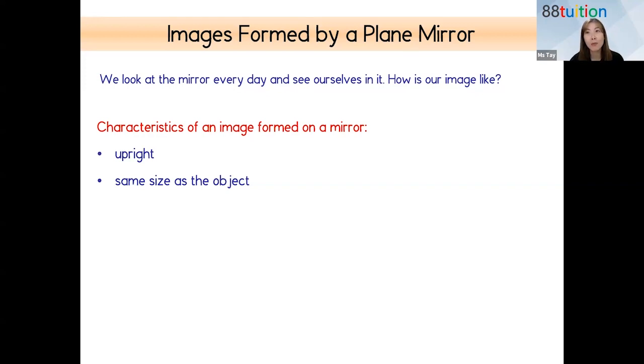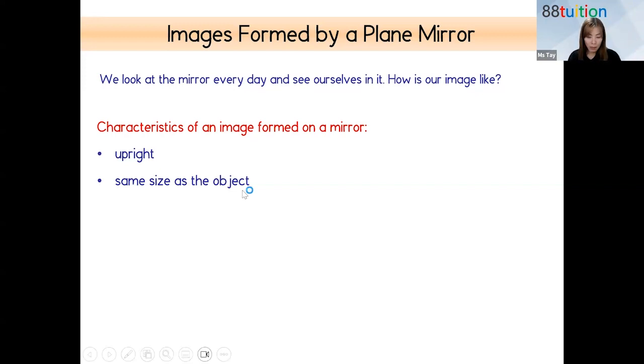Sometimes it's easier to talk about the opposite. If I look at my image and I don't see upright, that means I am upside down. Correct? Inverted. So if this is an upright image, the head is still where the head level is. The image and the object is the same. My image head will be the same as mine.